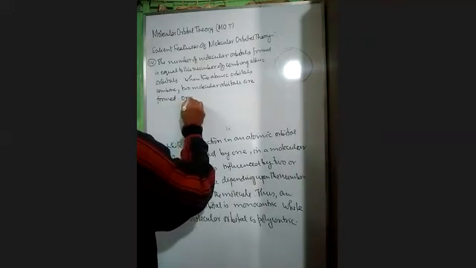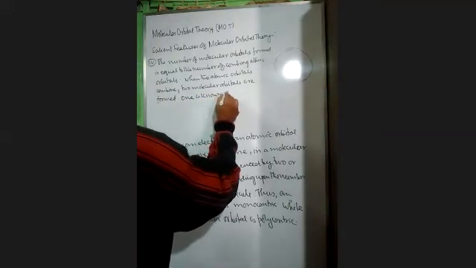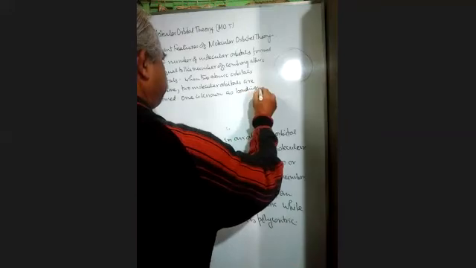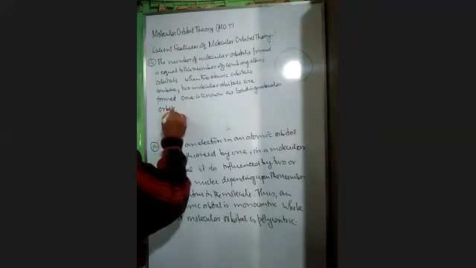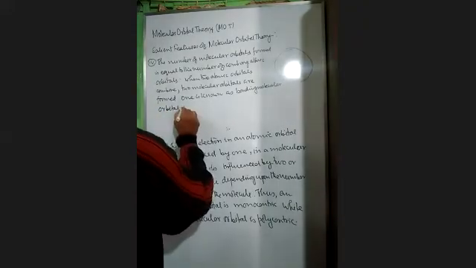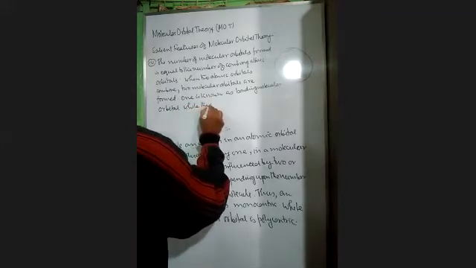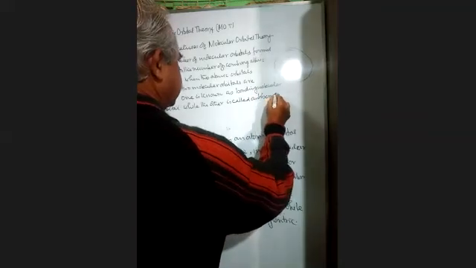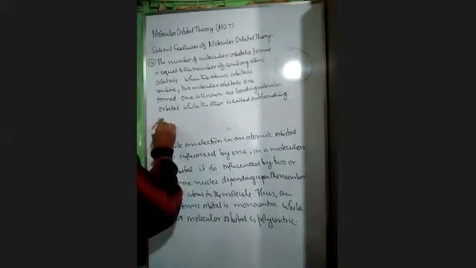One is known as bonding molecular orbital, while the other is called anti-bonding molecular orbital. So what is the meaning of this one?